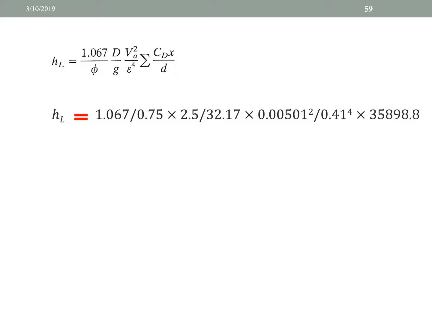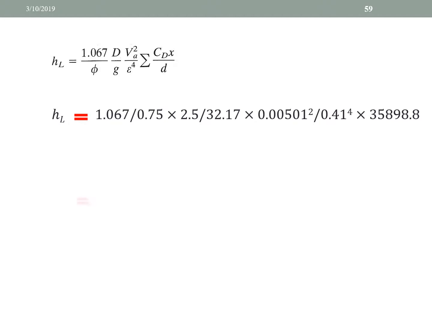G is gravity, because we work in the US system, that will be 32.17, times the velocity 0.00501 squared, over epsilon, that's given. Porosity of what? Porosity of the particles of the filter, that is 0.41 to the 4, times sigma CD x over d. You calculated that from the previous table, that's 35,898.8. So pause your video here and see what the answer is.